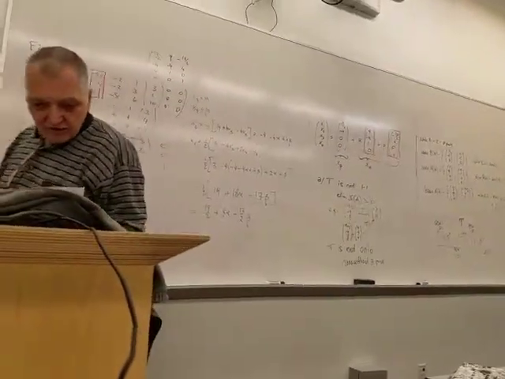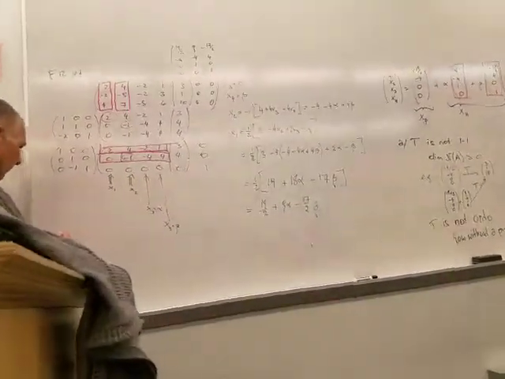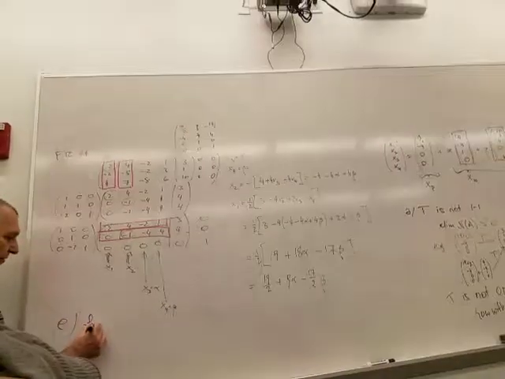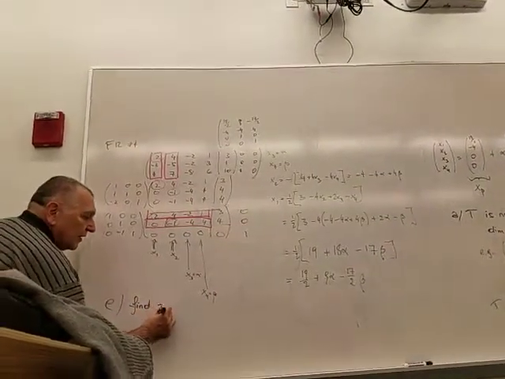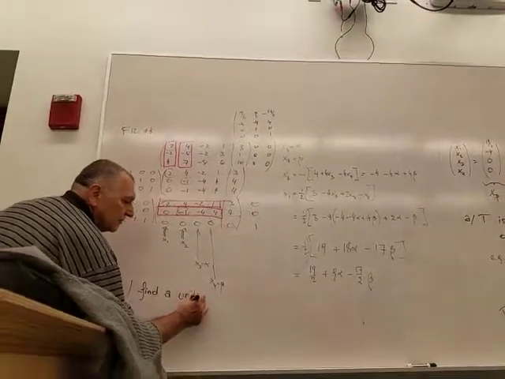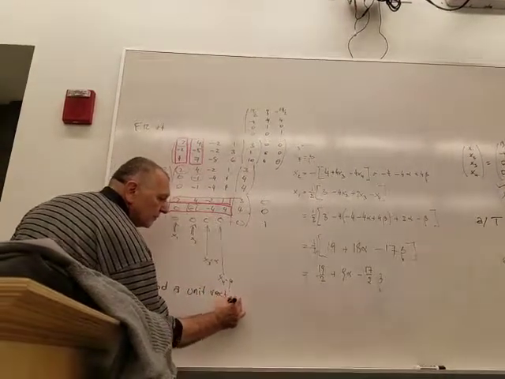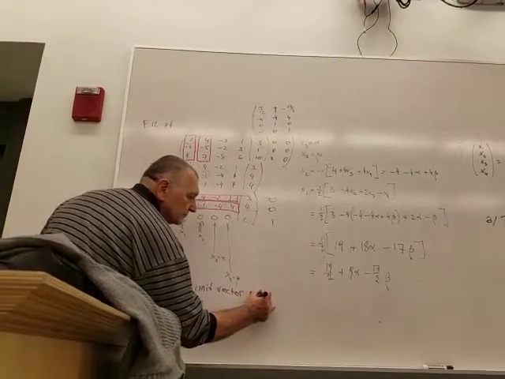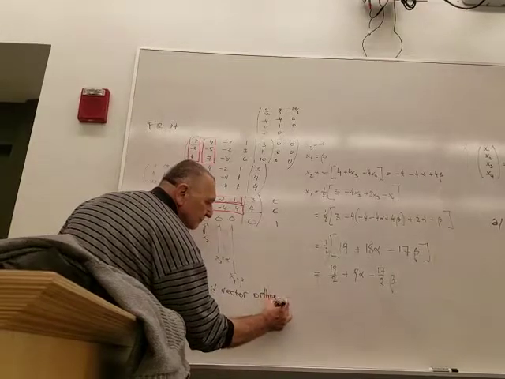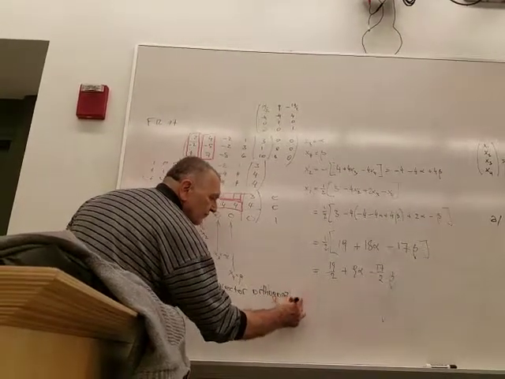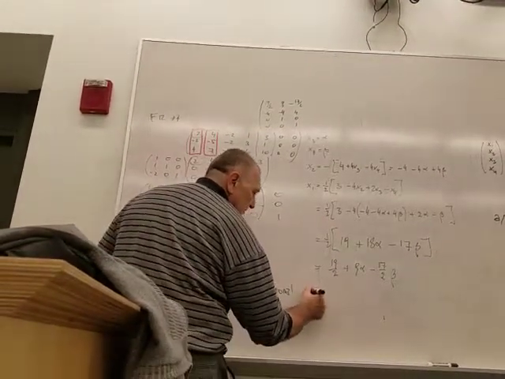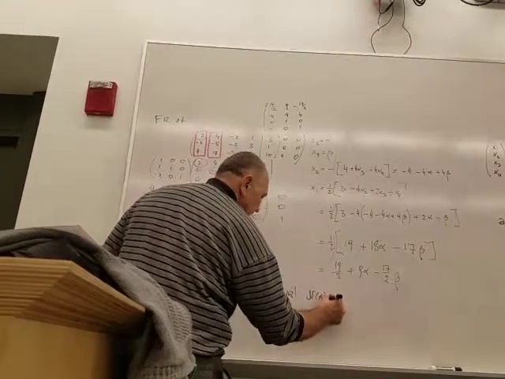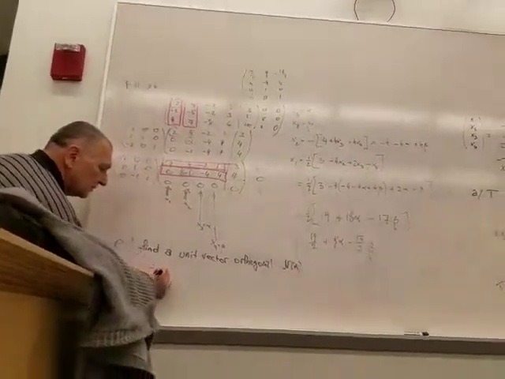Part E. Find a unit vector orthogonal to the hyperspace, the null space of A.